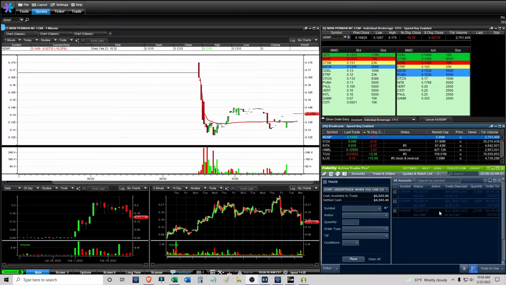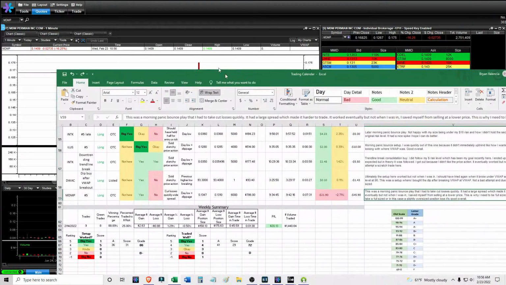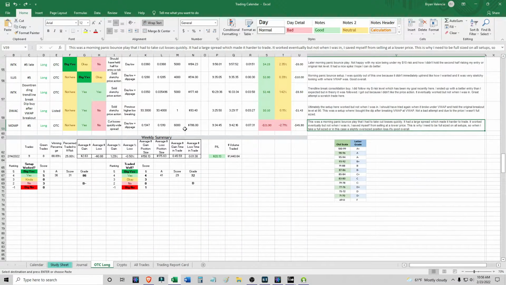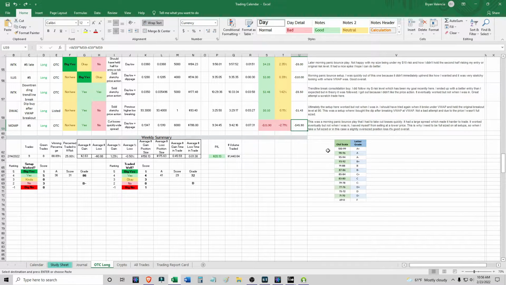I was just thinking it was going to be a $10 risk level or something smaller. So what happened is that I just went over size on a setup that is actually something normal that doesn't trade with a very tiny range, so that I don't have to trade larger size. So what ultimately happened here is that because I ended up with 6,000 shares, I had a $45 risk level.